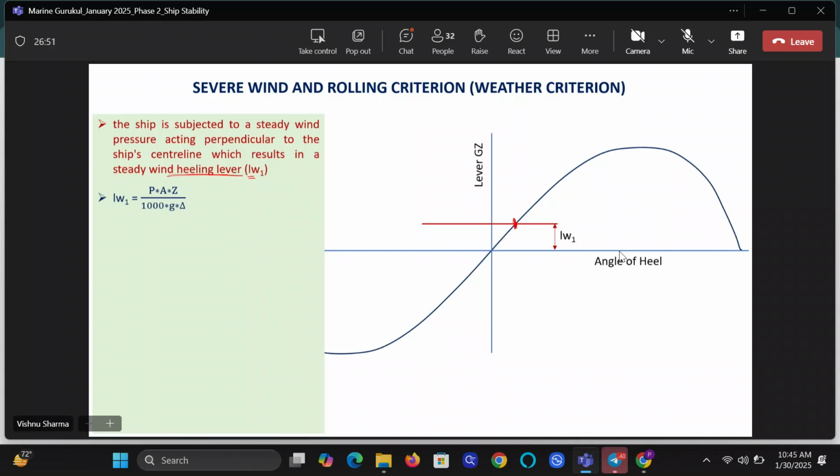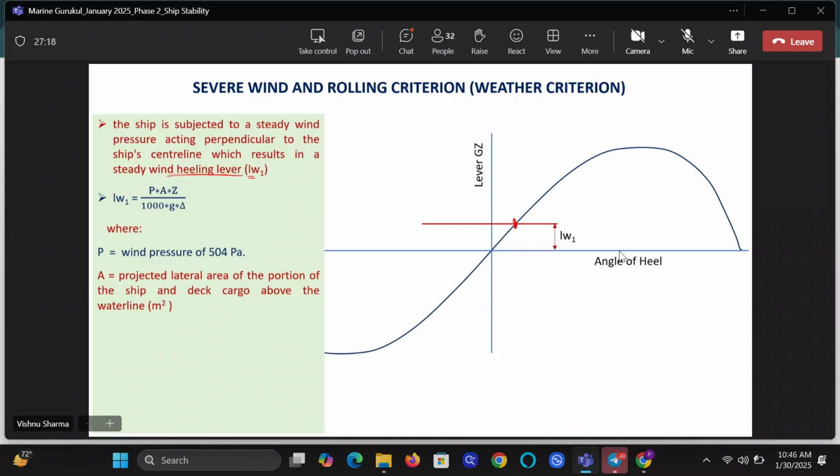P is the steady wind pressure, which IMO wants you to take as 504 pascals. What is A? It is the windage area, the area on which the wind is acting.